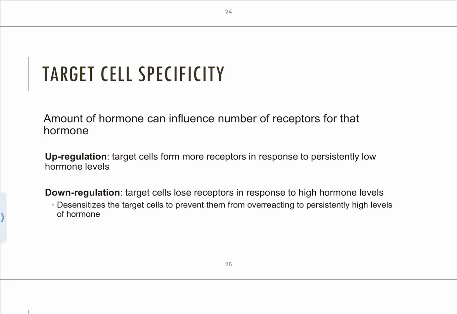The purpose of shedding these excess receptors is to basically desensitize the target cells so that they don't respond as vigorously to the hormonal stimulation, helping prevent them from overreacting because there are persistently high hormone levels.